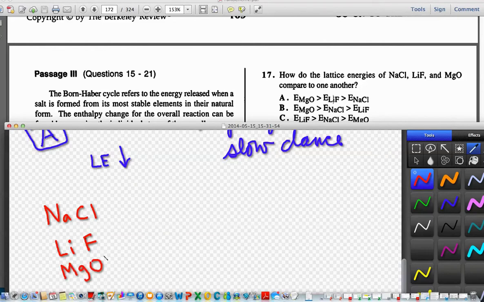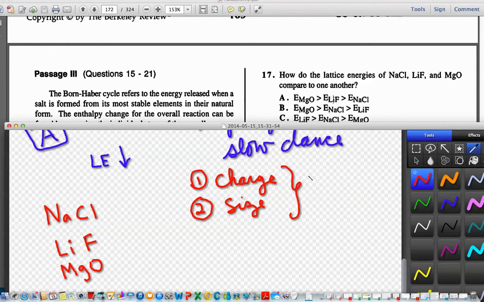There are two factors that affect lattice energy. One is the charge, and two is the size. In other words, charge distribution is what ultimately determines the lattice energies. Charge is more important than size.